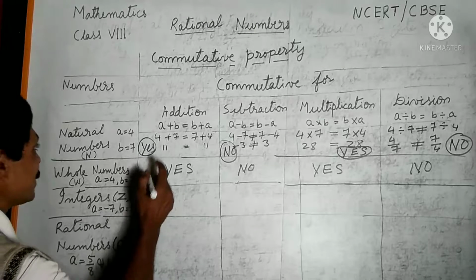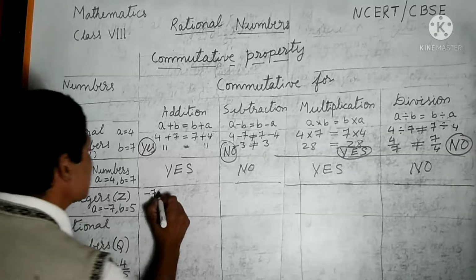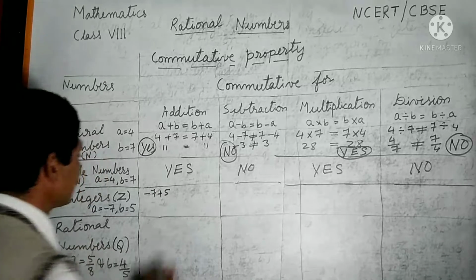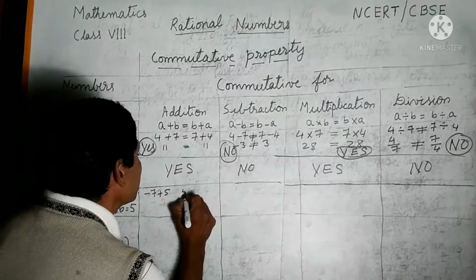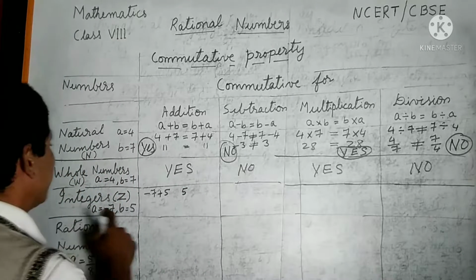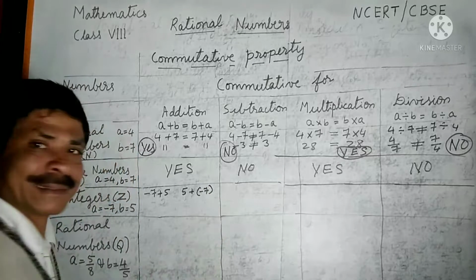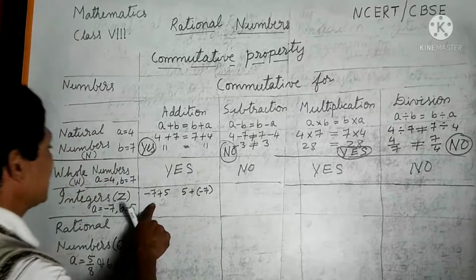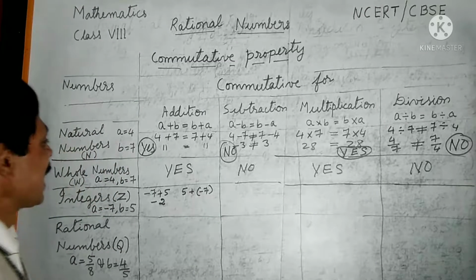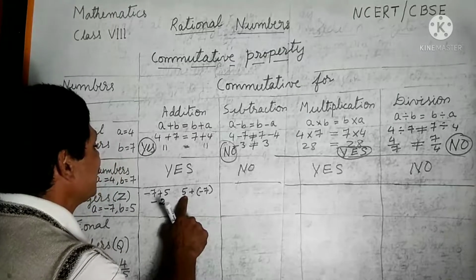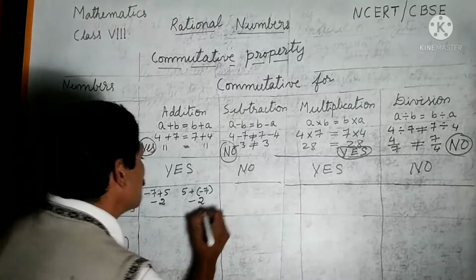Now let us check for integers. Let us substitute the values. A is minus 7 and b is 5. Now b is 5 and a is minus 7. This is equal to minus 7 plus 5 is minus 2. And 5 plus minus 7 is minus 2.